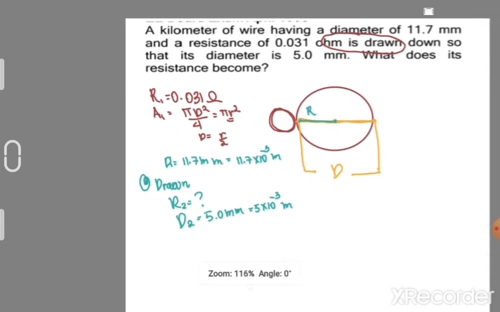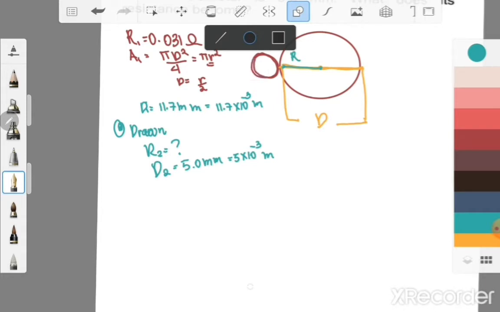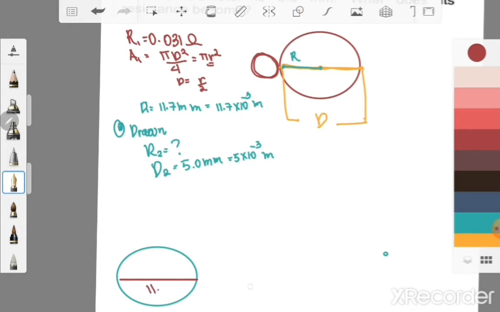So as I was discussing a while ago, when you are drawing a resistance, your volume should not change, or you're drawing the material. So let's say we have our first material, which has a diameter of 11.7.